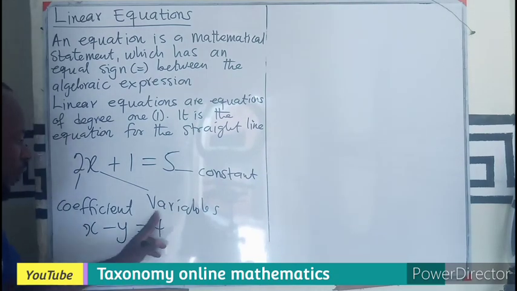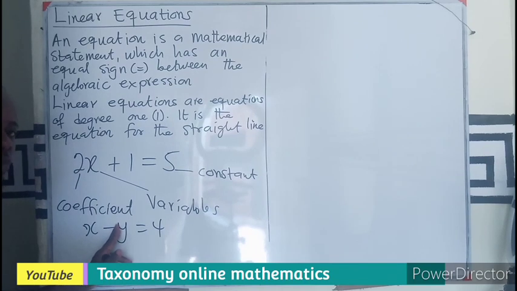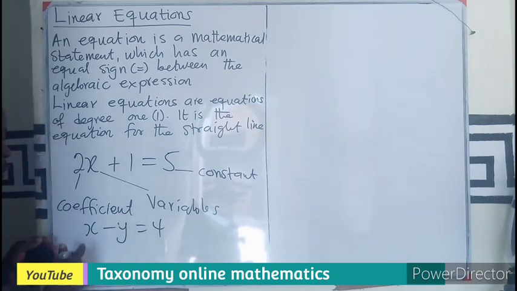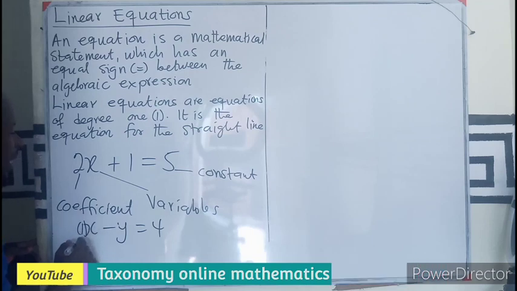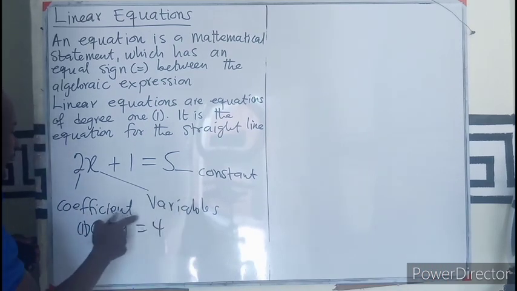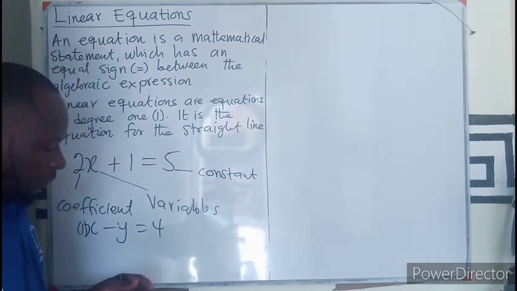In this case, 4 is the constant we are referring to. There is a number in front of the variable, which is 1, which we don't write. There is 1x, there is negative y here. So the 1 that is invisible here is our coefficient. Then the x and the y become the variables. 4 becomes the constant. Alright.